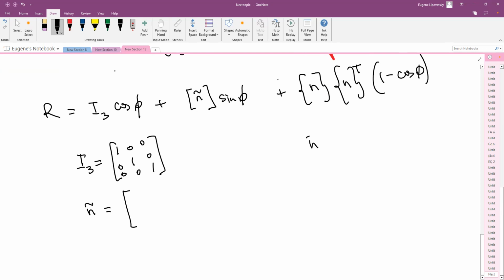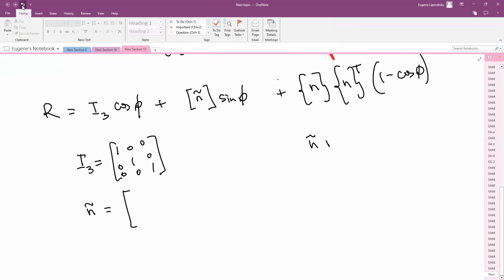Remember, the n tilde times vector r is a matrix, right? It's the same as n cross product with r.